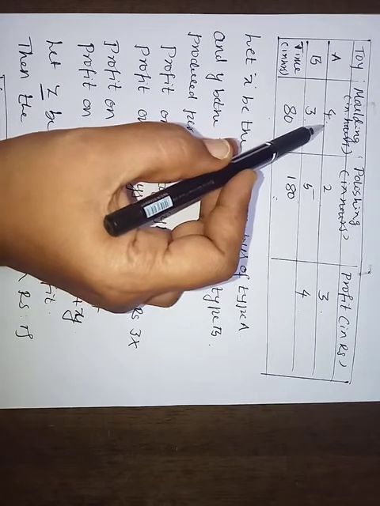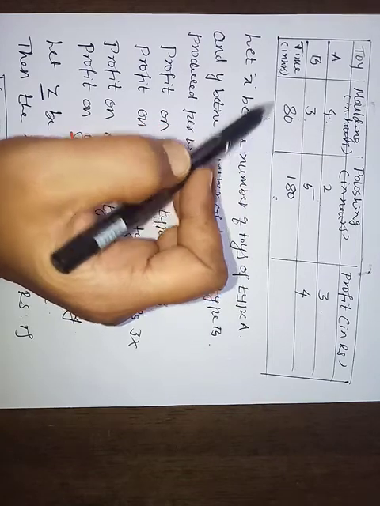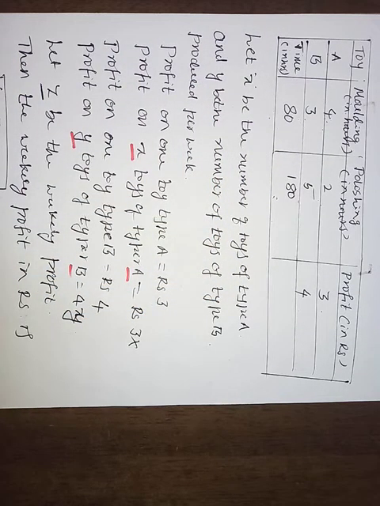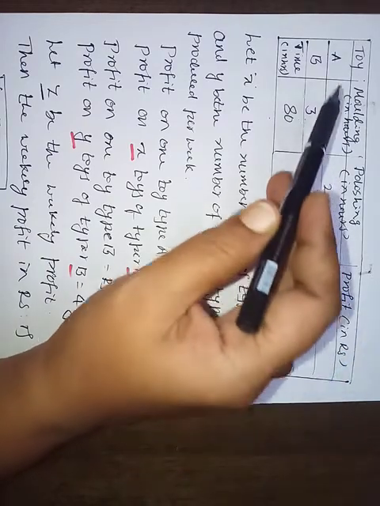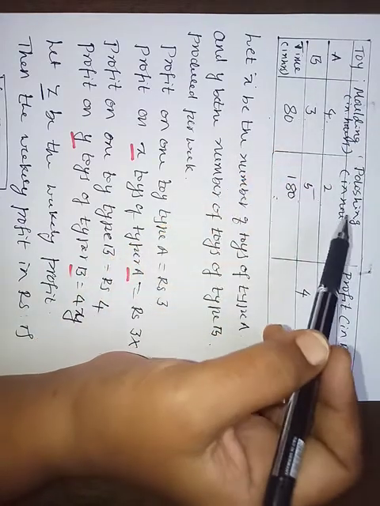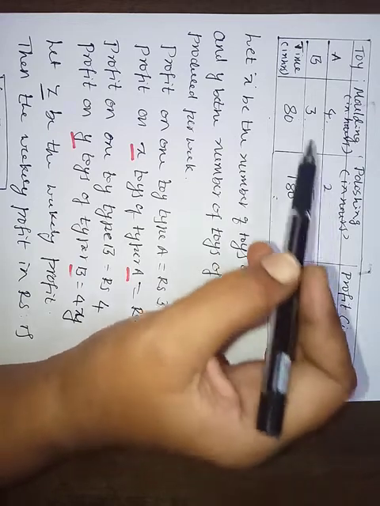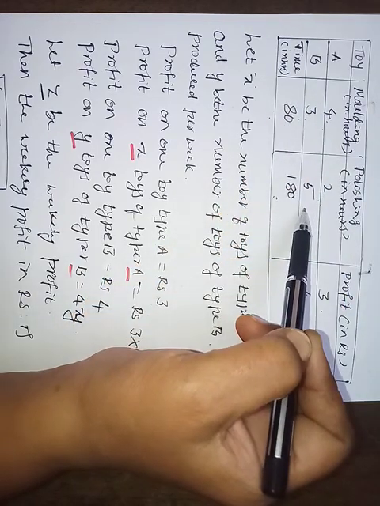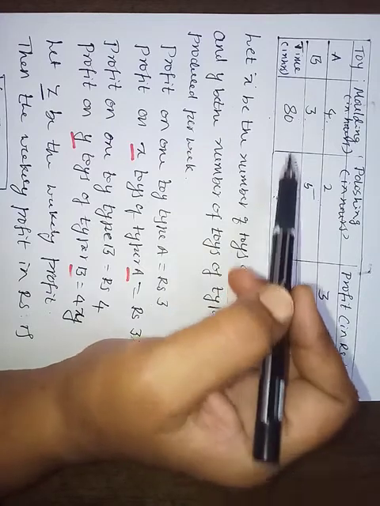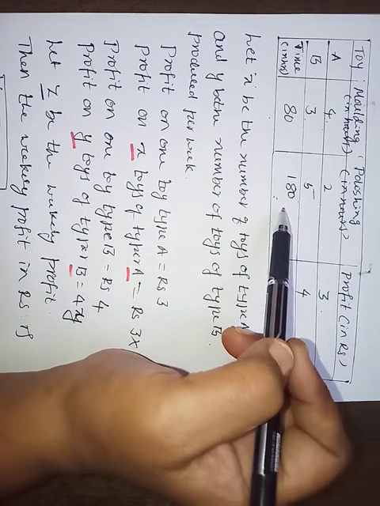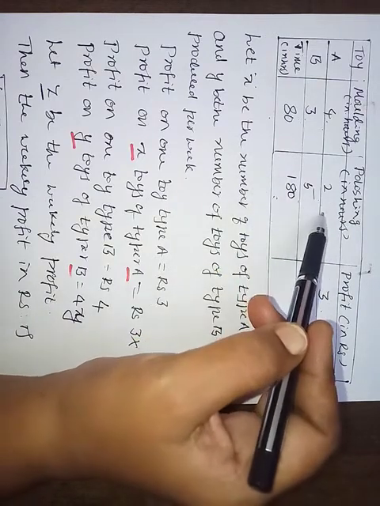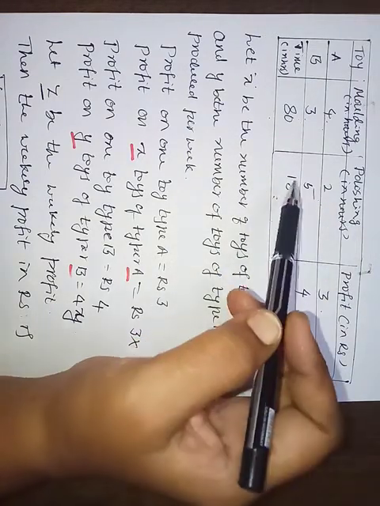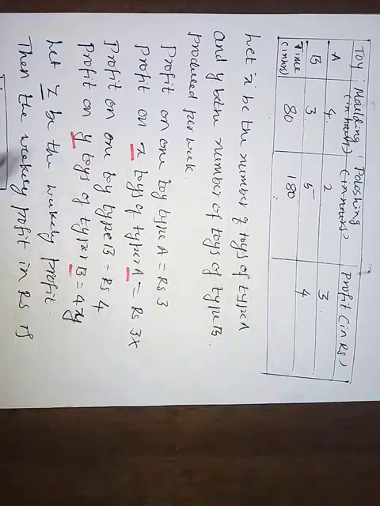Therefore, 4x plus 3y less than or equal to 80. Next, polishing. For polishing, toy type A takes 2 hours and type B 5 hours. The maximum time is 180 hours per week. Therefore, the polishing constraint is 2x plus 5y less than or equal to 180.